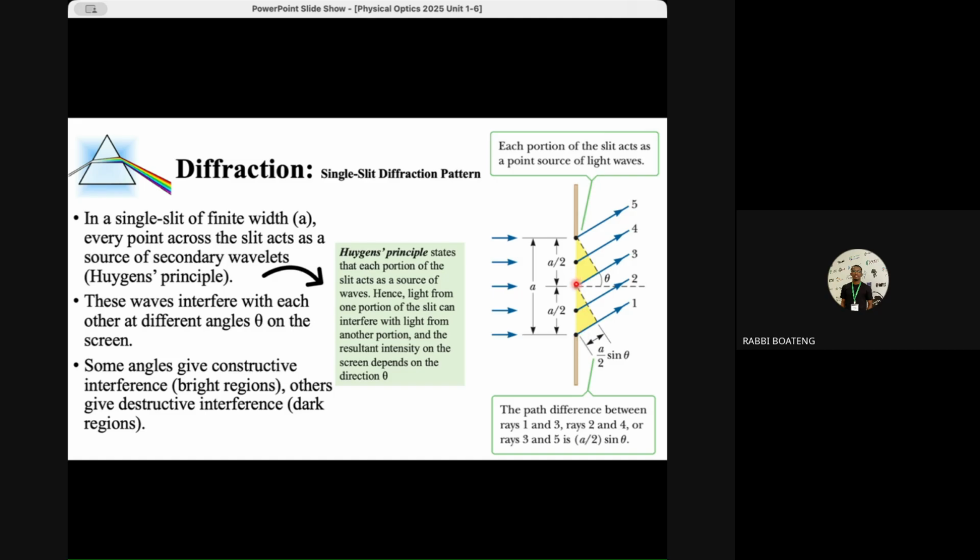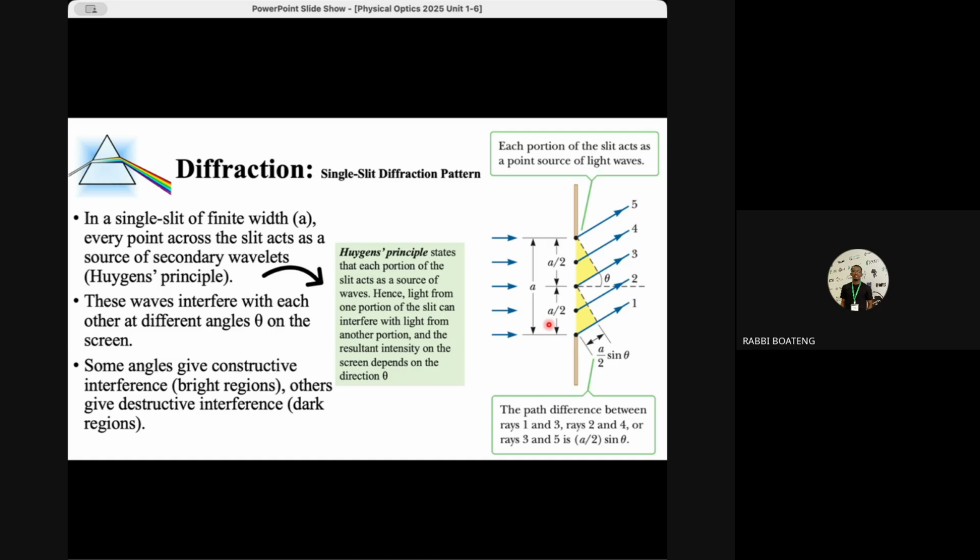So the very middle ray is going to be ray what? 3. Is that okay? So I've divided it into 2. And the distance between the opening, the width of it, is A. So if I divide it by 2, I'm going to get A over 2 at the top and A over 2 at the bottom. Is that okay? So half of the A, half of the A.